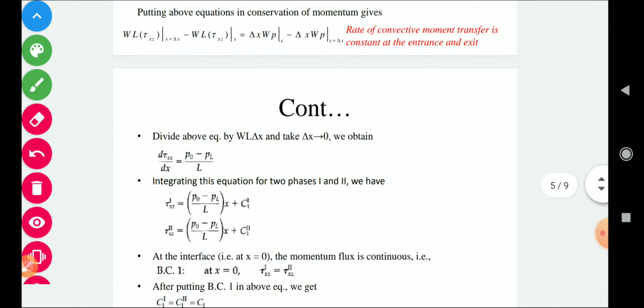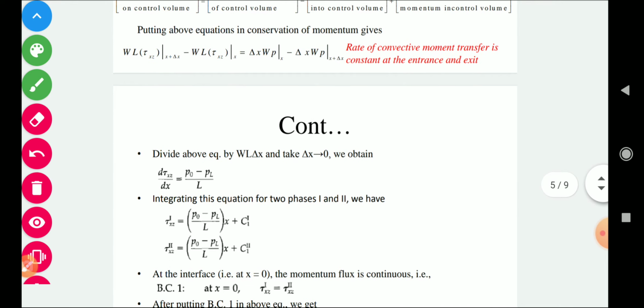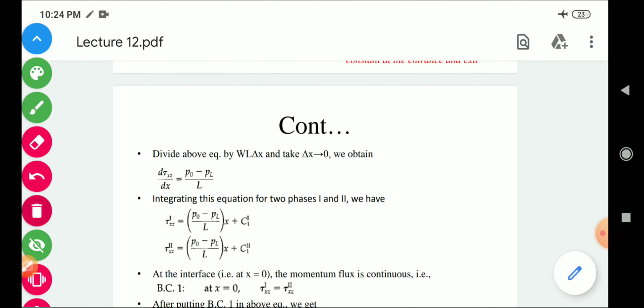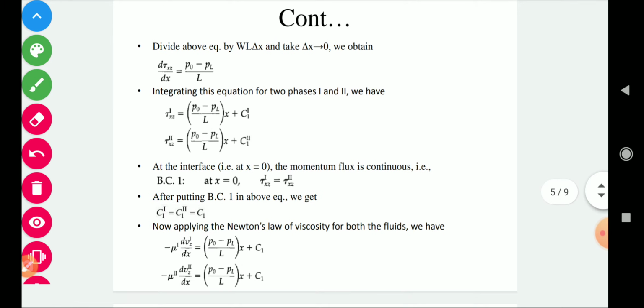Now if you divide this equation by WL delta x and take the limit delta x tends to 0, then this equation will convert into this form. Now to calculate the value of shear stress, you need to integrate this equation. So after integration you will get these two equations.